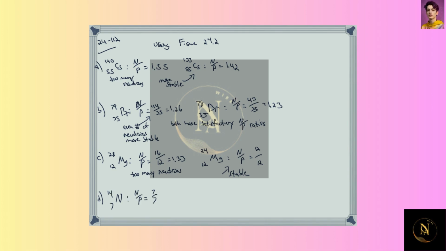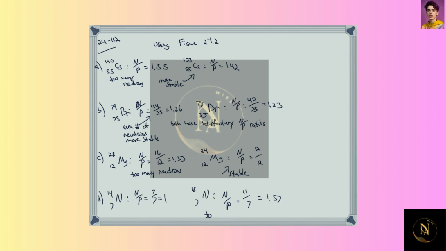Then for the last one, we have nitrogen-14, which has a neutron to proton ratio of 1. And we look at nitrogen-18, which has a neutron to proton ratio of 1.57. Again, you look at table 24.2, and you see the atomic number of 7, and there is really no stable isotope that has any more than 10 neutrons when we have 8 protons.